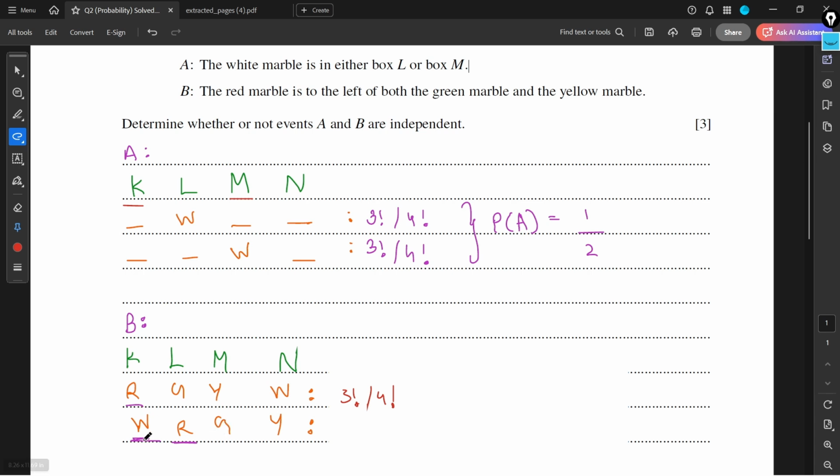And then because I have white and red fixed, I'm just having two other colored marbles to arrange in the two boxes. So the favorable outcomes over here is going to be 2 factorial out of the total outcomes as 4 factorial. And therefore, if I calculate my probability of B, I'll need to add them together. I'll be getting the value of 1 by 3. So yes, that's how you calculate the probability of event B.